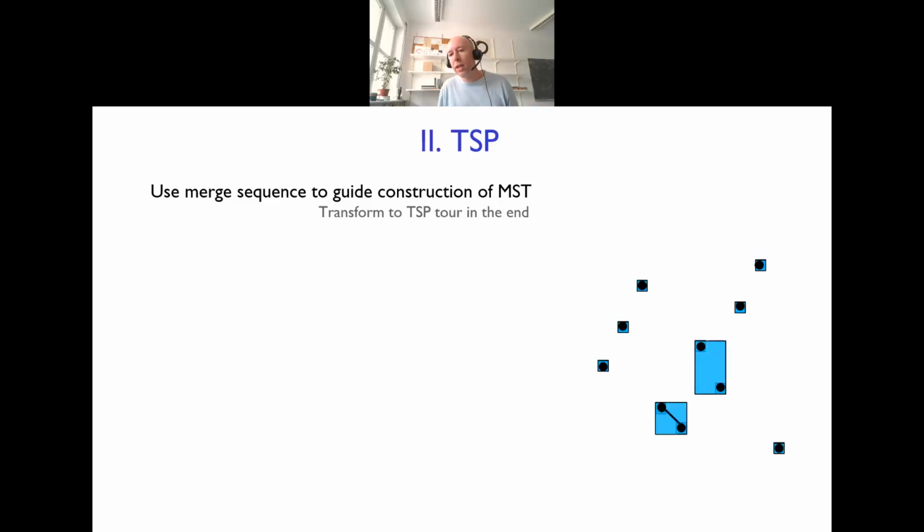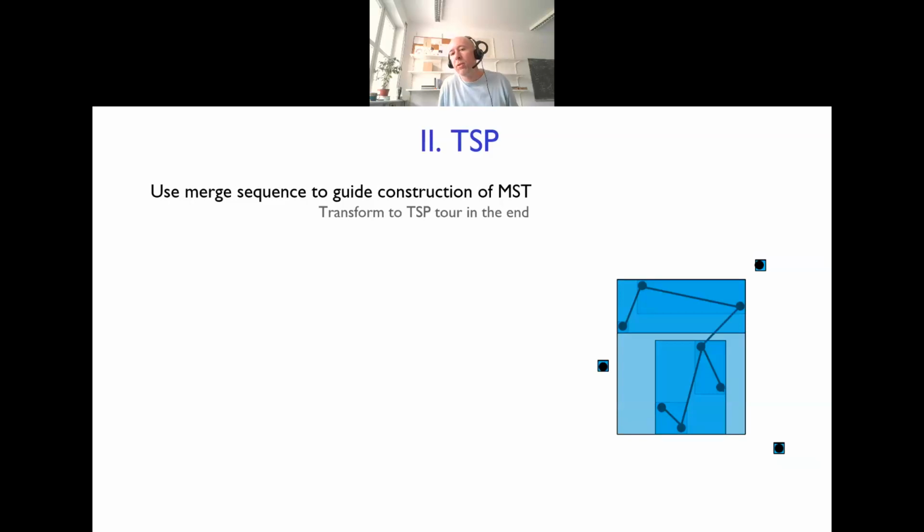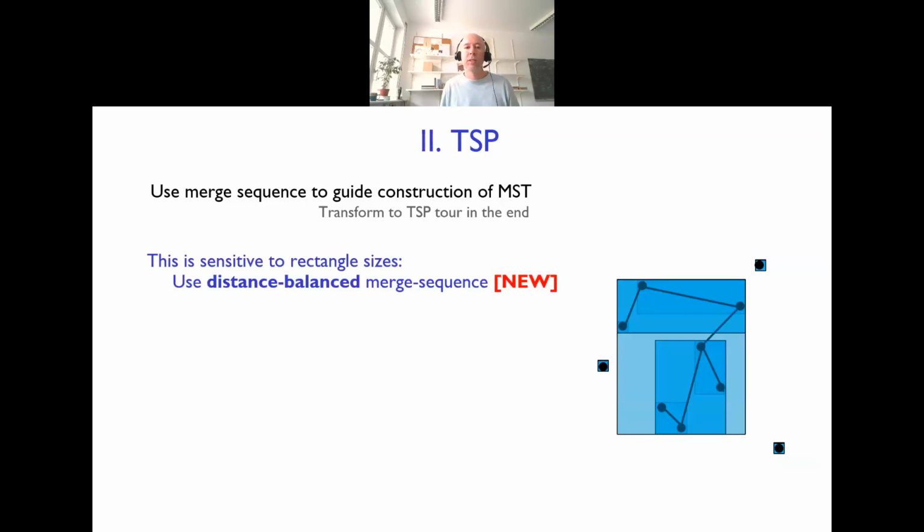So as we do these merges, we connect the points to form a minimum spanning tree, and we end up with an MST of the entire point set. But observe that this is sensitive to how large the rectangles are. So we don't want the rectangles to be very large because then the spanning tree will be long.